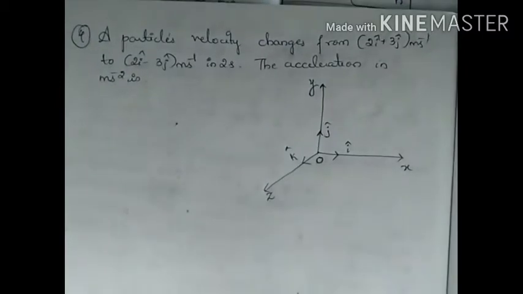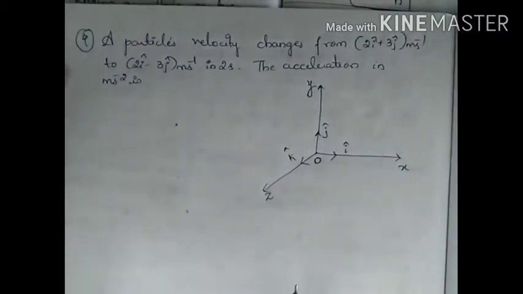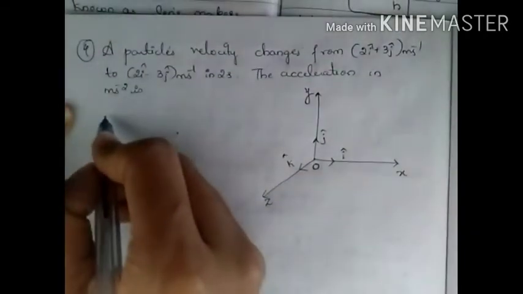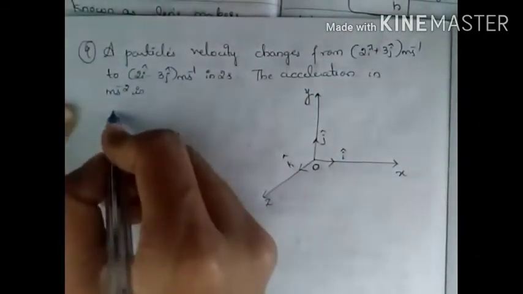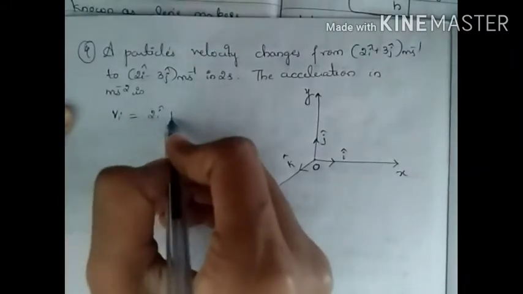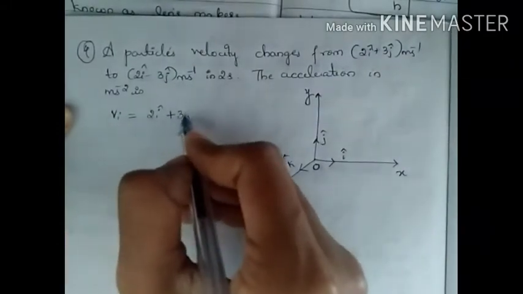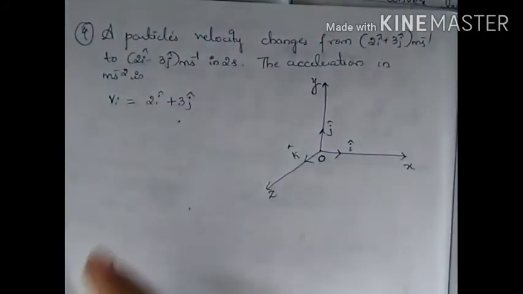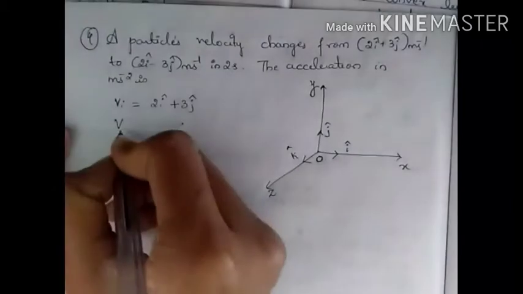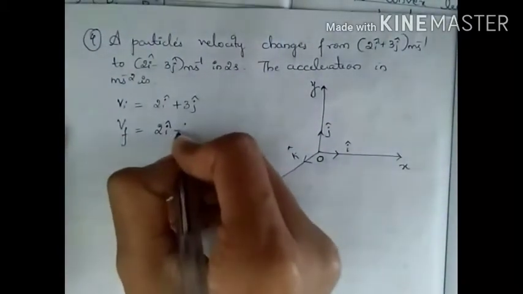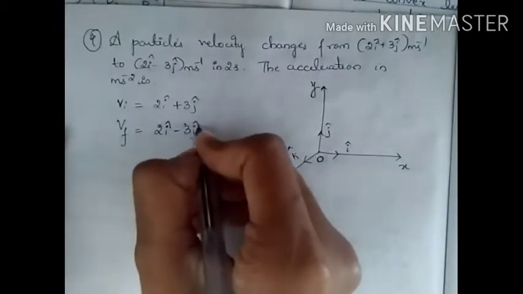So the velocity of the particle is given in terms of i and j cap. So the initial velocity was 2i cap plus 3j cap, and the final velocity Vf is given as 2i cap minus 3j cap.